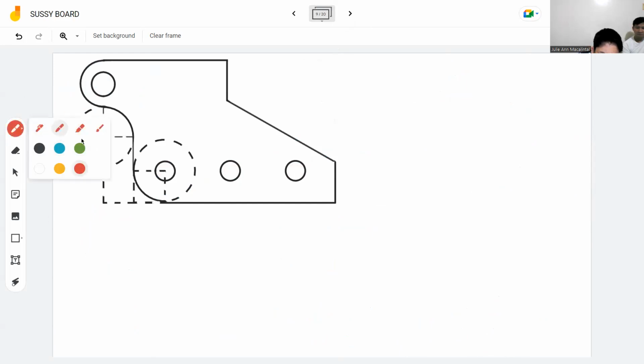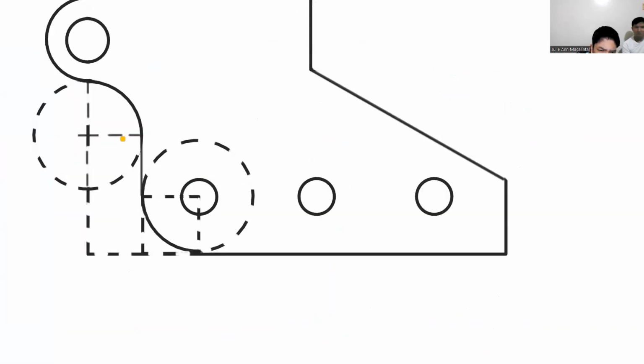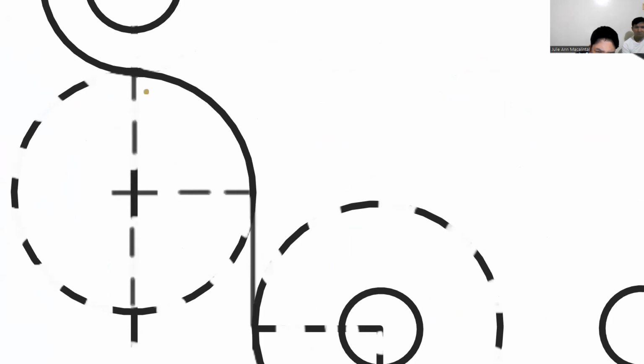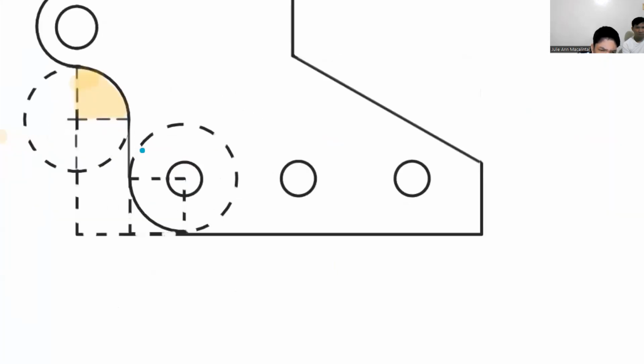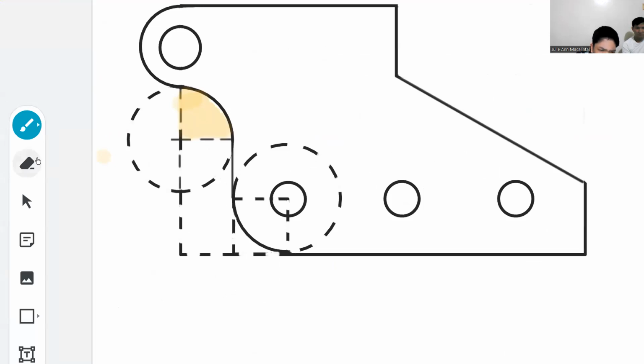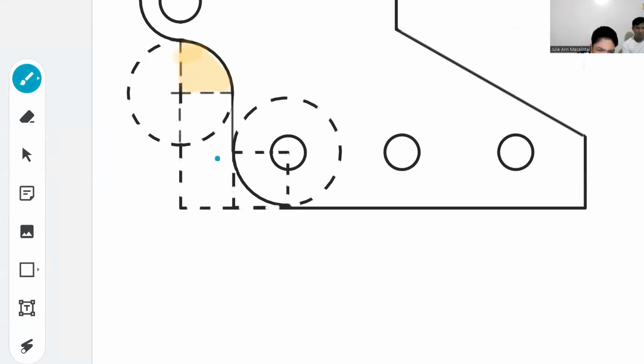this is yellow. In yellow is a quarter circle, or 1/4 of a circle. In blue is a rectangle.